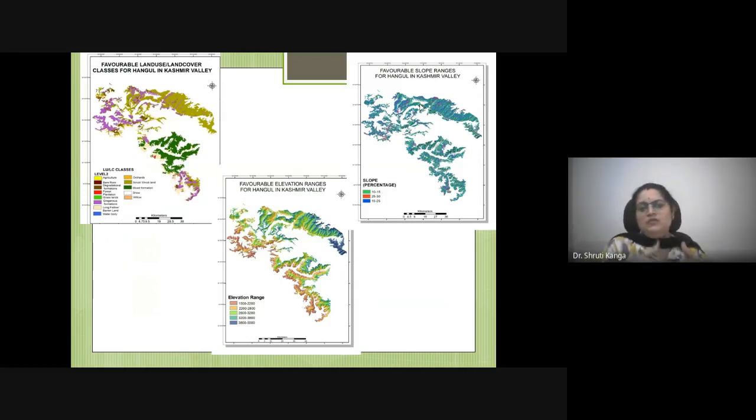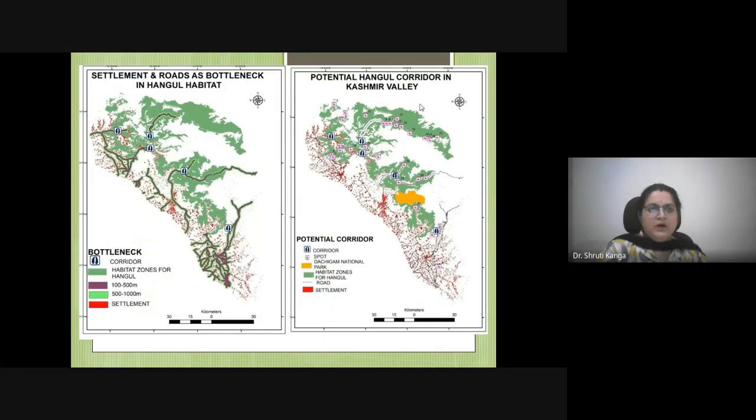So mainly you need to focus on the parameters and the techniques, and how they are useful for these kinds of habitat suitability maps. Now, settlements and roads as bottlenecks in Hangul habitats, not only in Hangul habitat, but in any kind of habitat, these settlements and roads act like a bottleneck.